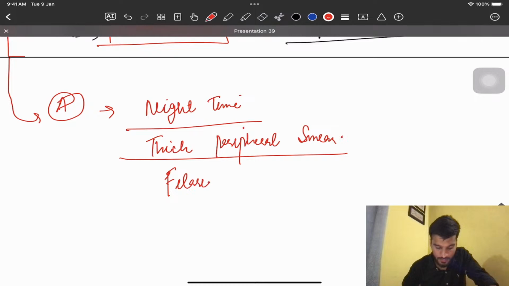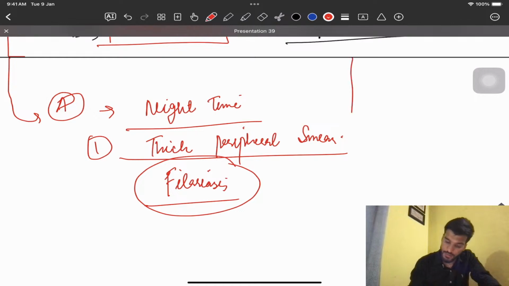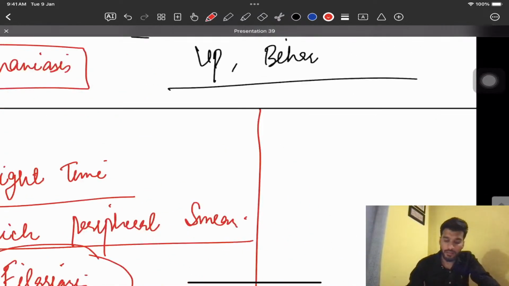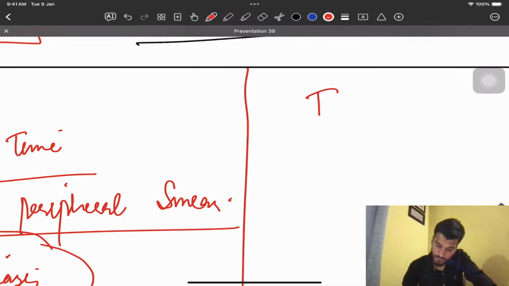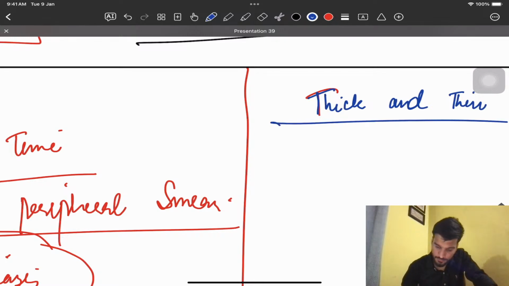Remember that, guys. Night time, one smear will be for the filariasis. If thick and thin smear, option number B, thick and thin smear, okay, that is for the malaria.